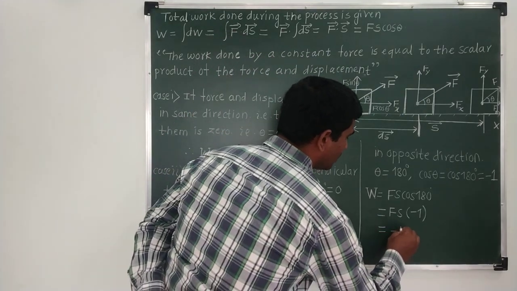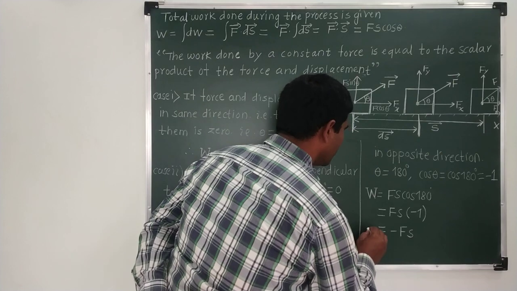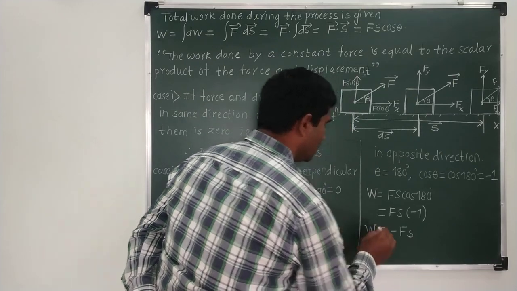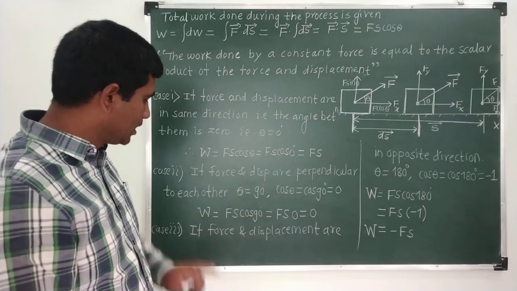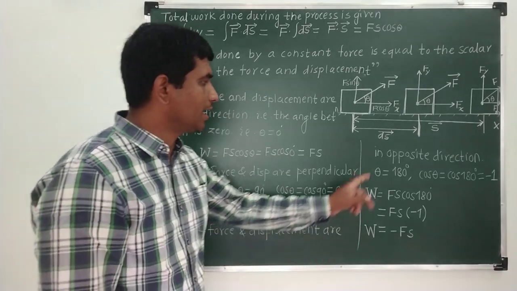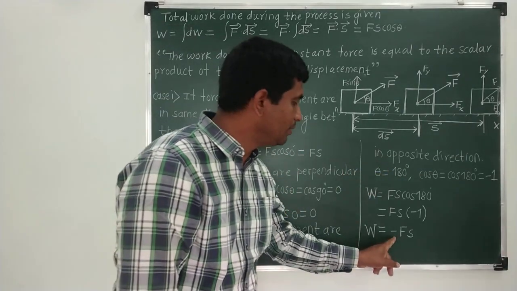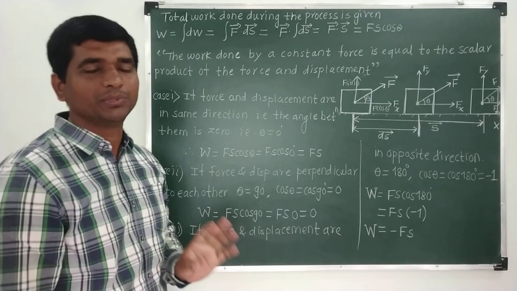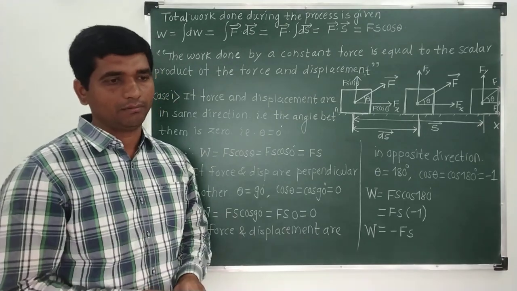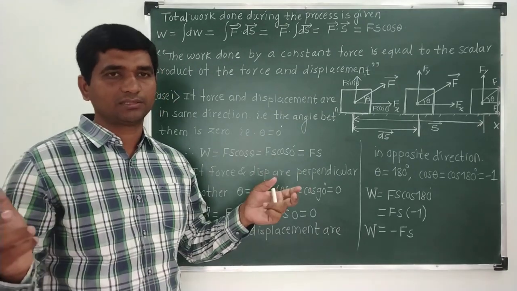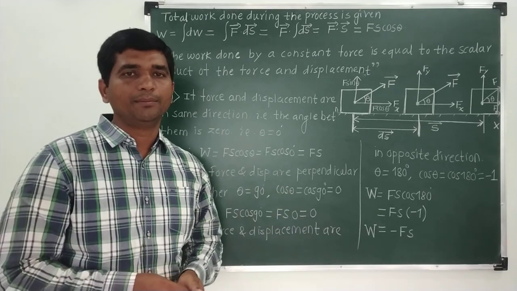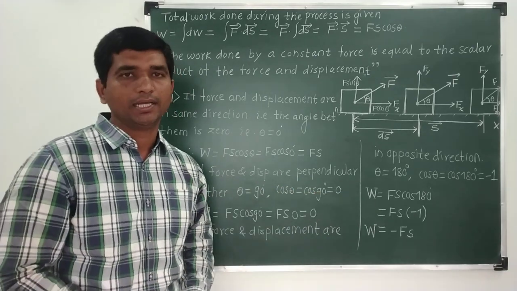So this is nothing but minus F S. So the work done when the force and displacement are in opposite directions will always be negative. This also happens, for example, if two charges, positive and negative, are coming together. In that case the work done will be negative.